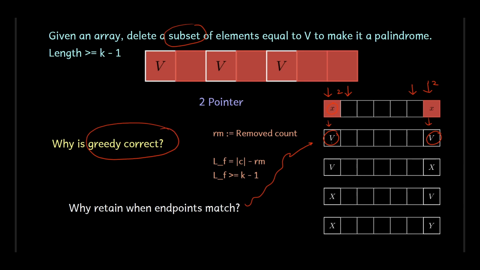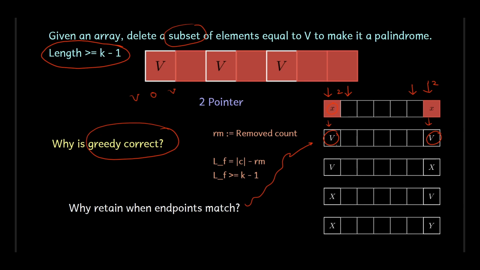It is correct because if you retain this element, then you have more breathing room for this particular constraint, that is your length has to be greater than or equal to k minus 1. So if you keep multiple copies of v around, it will help you delete other copies of v that you want.